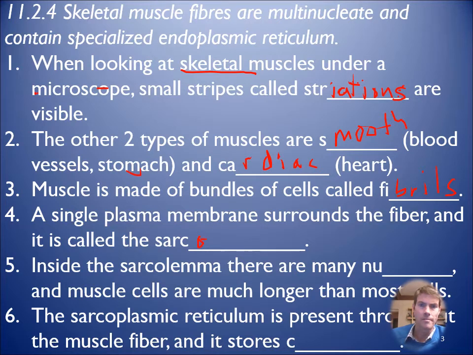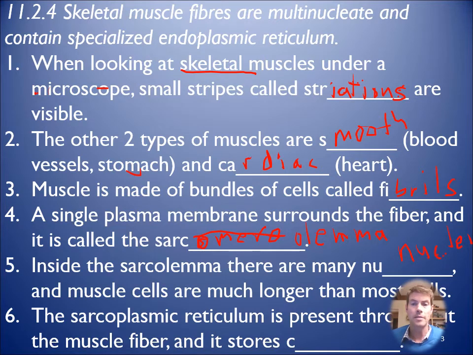Within the sarcolemma there are many nuclei, and that's an interesting thing about these muscle cells: they're multinucleate, and most cells just have a single nucleus. It's a bizarre thing, and I'm not sure there's a good explanation of why that is.